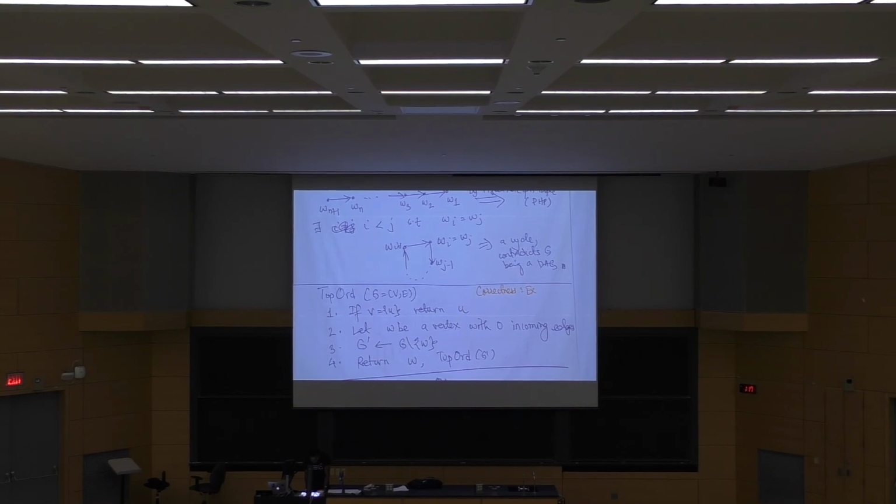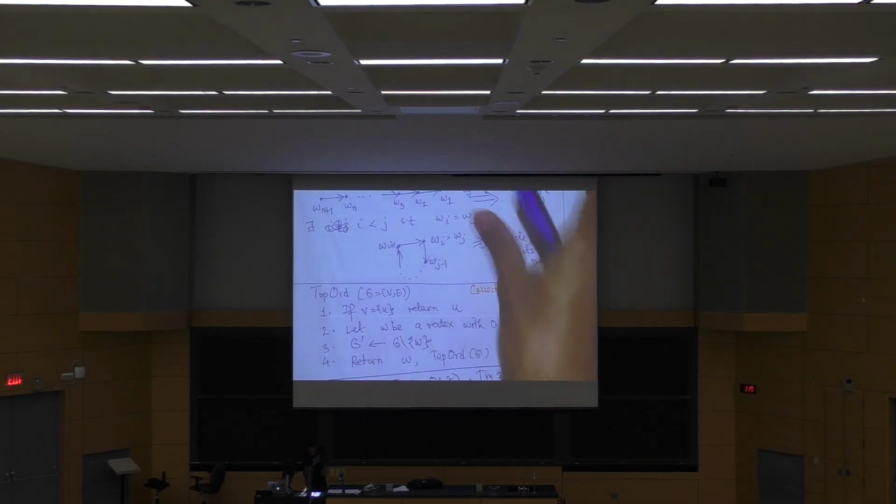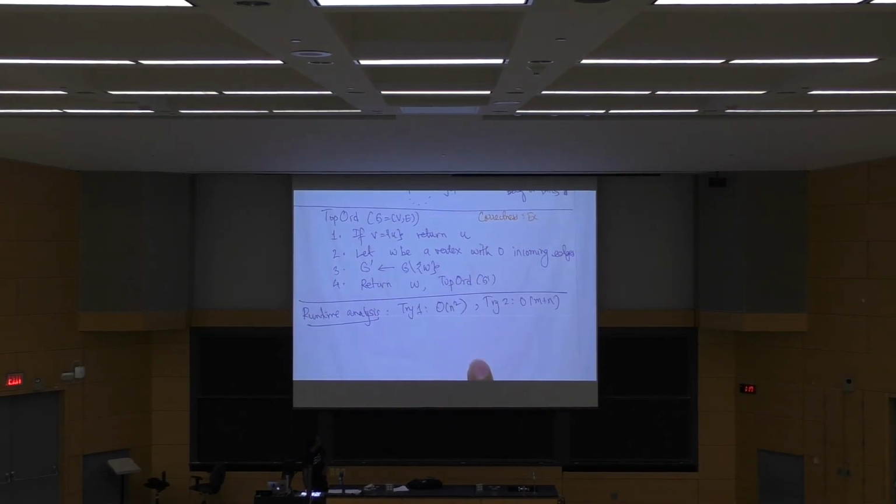So first we're going to argue that you can do it in O of n squared. And then later on, we're going to show that you can actually do it in linear time. So again, remember, a graph on n nodes and m edges you can represent in theta of m plus n elements. So this is indeed linear time, or it can be implemented as a linear time algorithm.